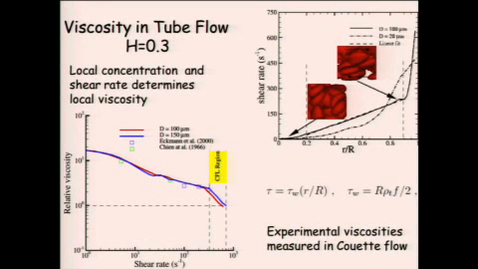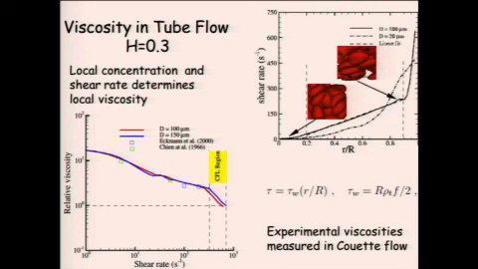Now, one of the interesting things that we found out was that because in a tube flow you know the shear stress at every position r. The wall stress is the radius times the driving force, which continues to be the pressure gradient. So once you have that, you know the stress everywhere.